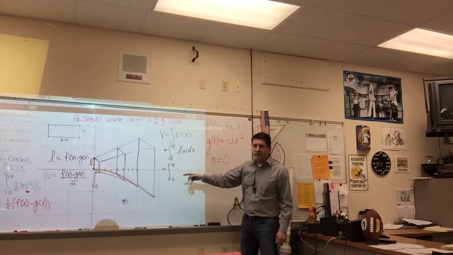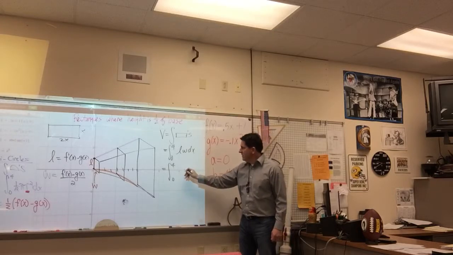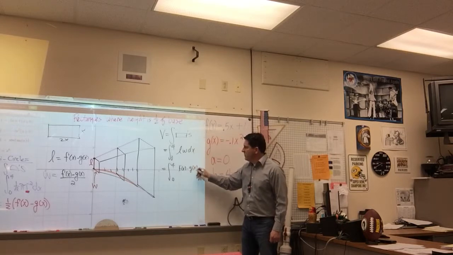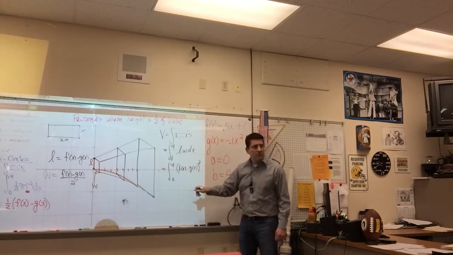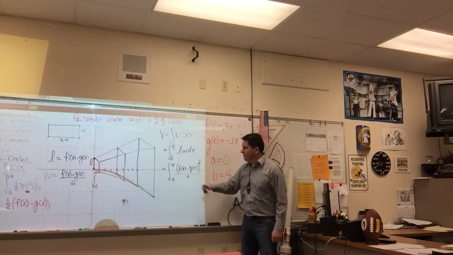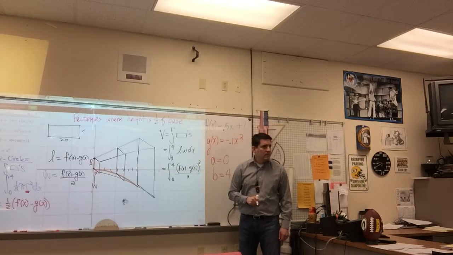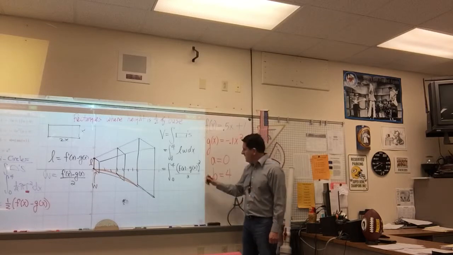So what do you get? f of x minus g of x squared divided by 2. See that?